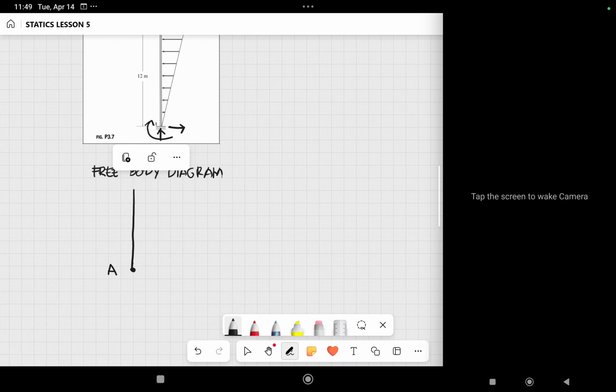So ito yung point A. Meron kang vertical, meron kang horizontal. In this case, assume ko yung horizontal to be in this direction. And then si moment, assume ko din siya in this direction.